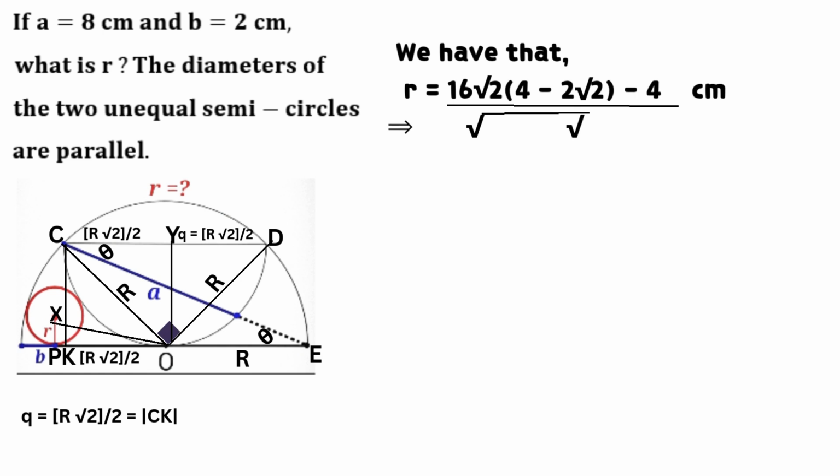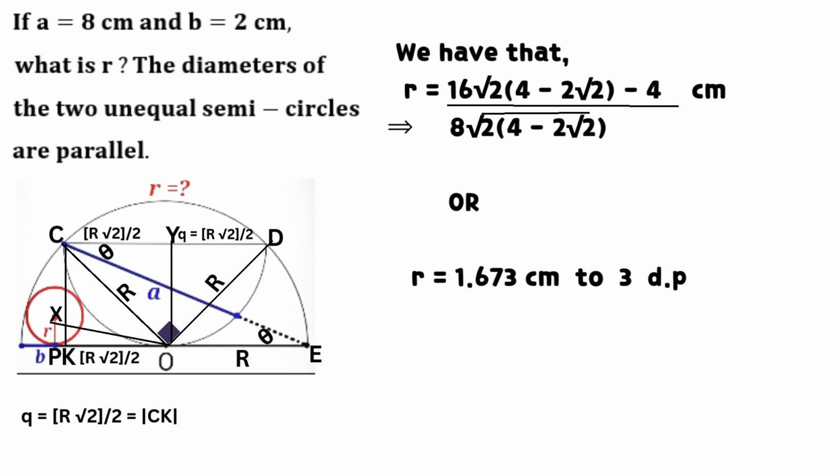We have that r equals 16 times the square root of 2 times 4 minus 2 times the square root of 2 minus 4, all divided by the product of 8 and the square root of 2 times 4 minus 2 times the square root of 2 in centimeters, or the radius r of the red inscribed circle equals 1.673 centimeters to 3 decimal places.